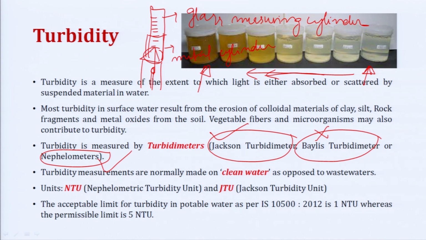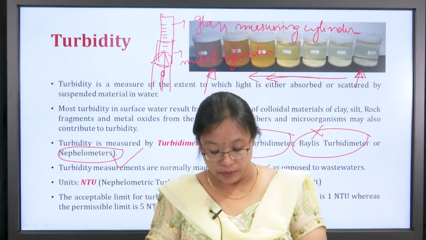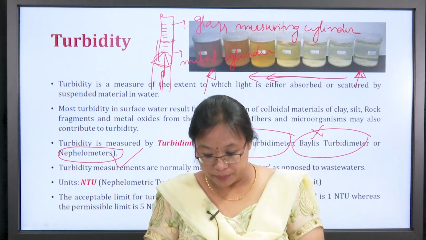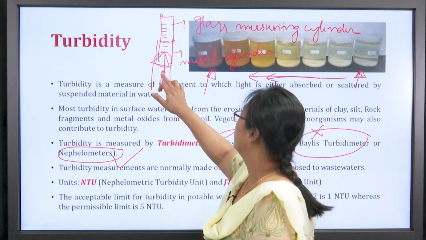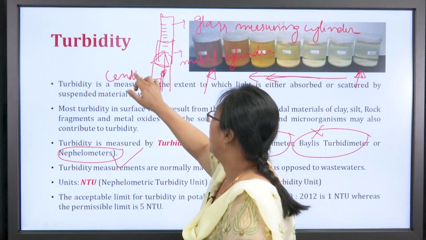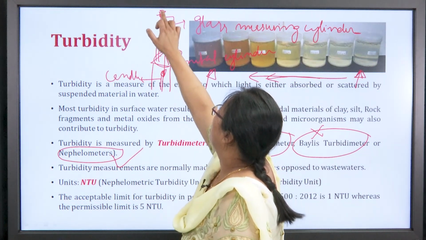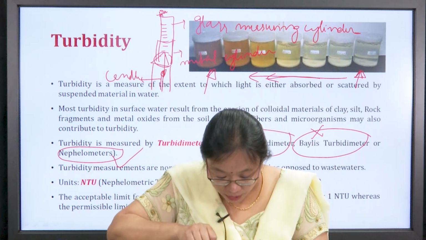So, how will you do it? Once we have to start the measurement of turbidity, I will simply keep that instrument in front of me, and as soon as I have to start, I will light the candle. Okay, this is the candle, and I will see the light of the candle from here, from the top. So, I will keep it like this, and I will keep on seeing.